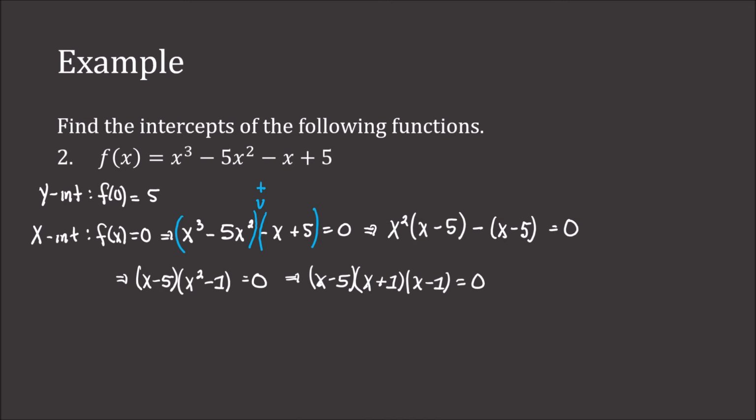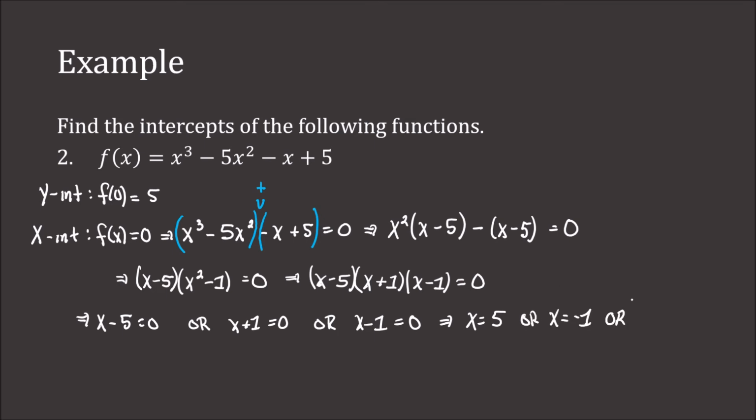So again, by the zero property, we have to have x minus 5 being 0, or we have to have x plus 1 being 0, or we have to have x minus 1 being 0. Which means that x is either 5, negative 1, or positive 1.